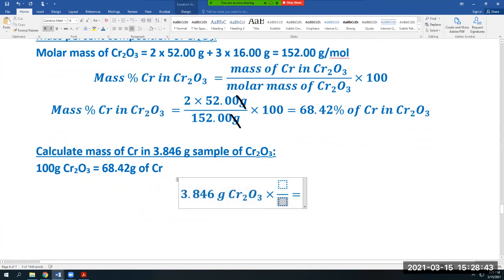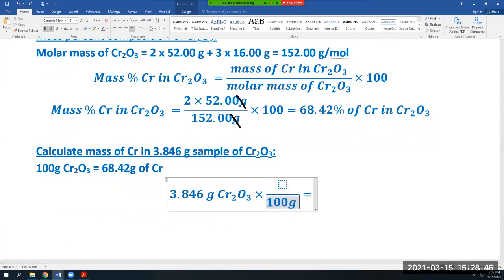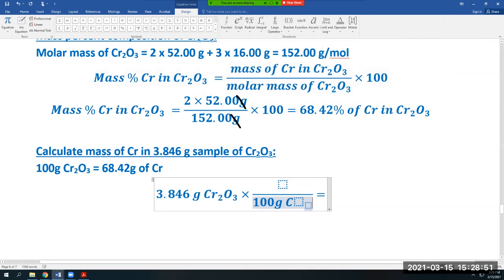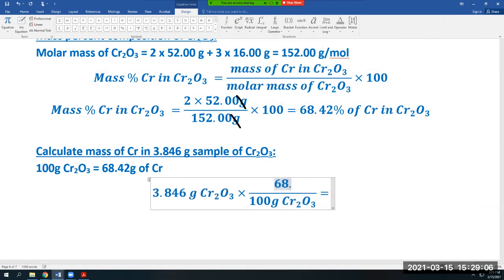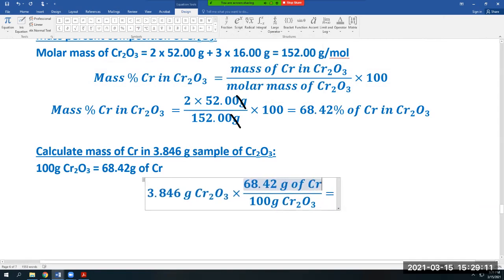And we will use the fact that in 100 grams of Cr2O3, we have 68.42 grams of Cr, right? We use the percentage here as a conversion factor that gives the mass of chromium in 100 grams of the compound.